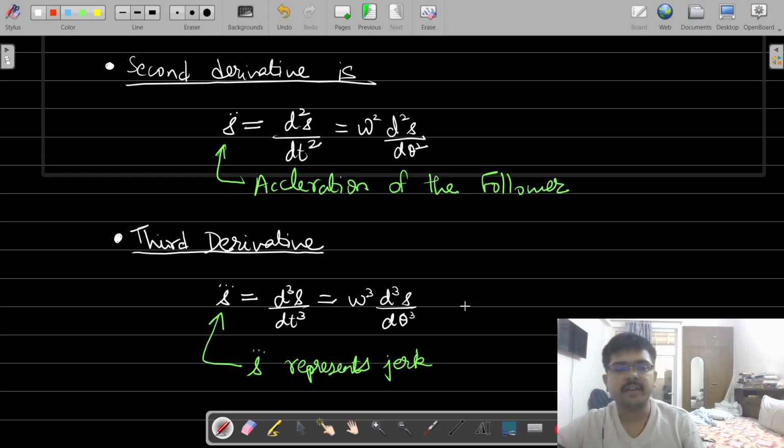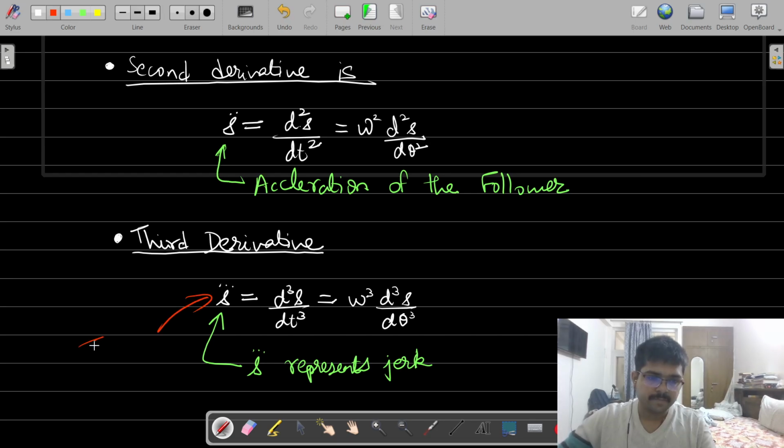The third derivative gives d cube S by dt cube, which is omega cube d cube S by d theta cube. S triple dot represents jerk. So this is what is known as jerk.